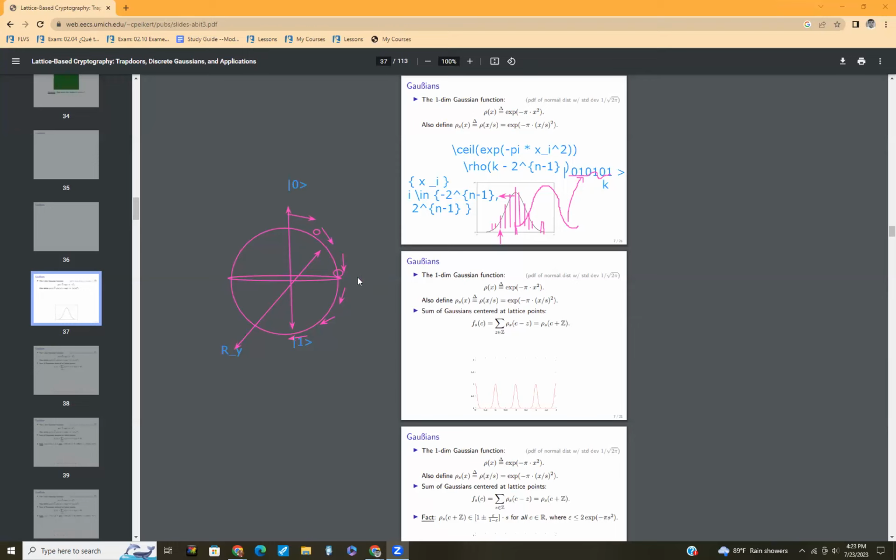Okay. And there are a few more details. They're saying that the formula they gave you is for a standard deviation of 1 over square root of 2 pi, and with a mean of 0. Yeah, I guess you could make it easier on yourself.